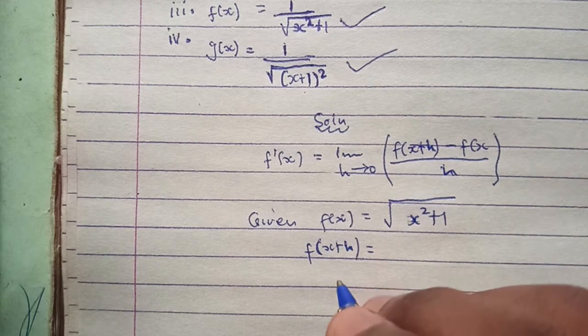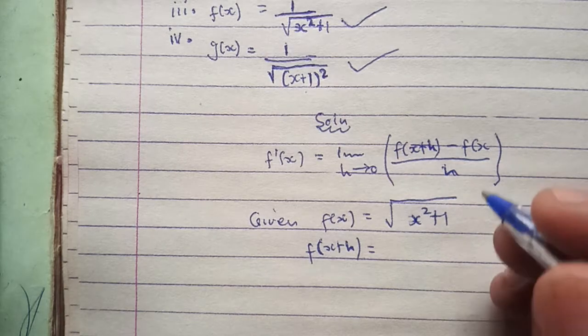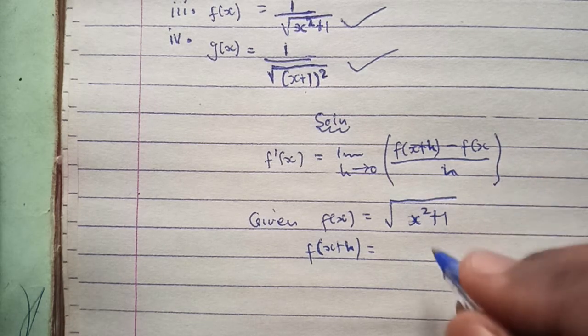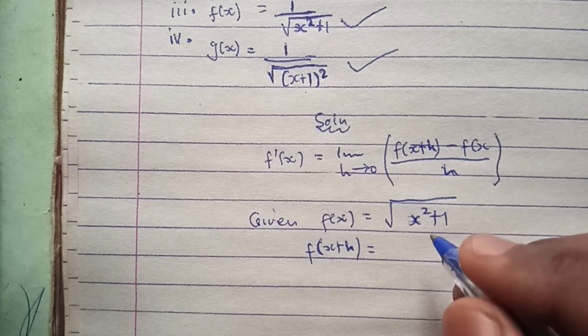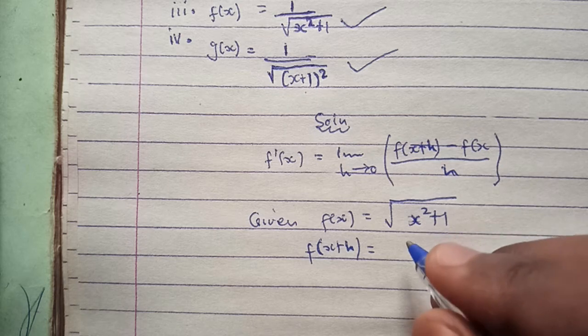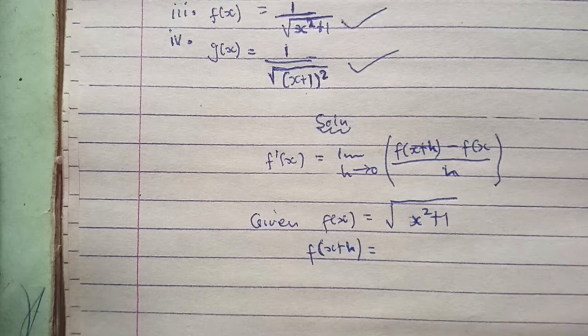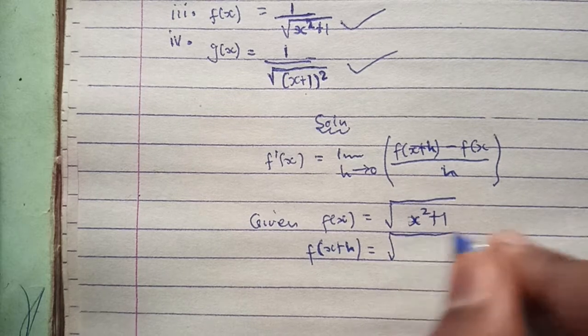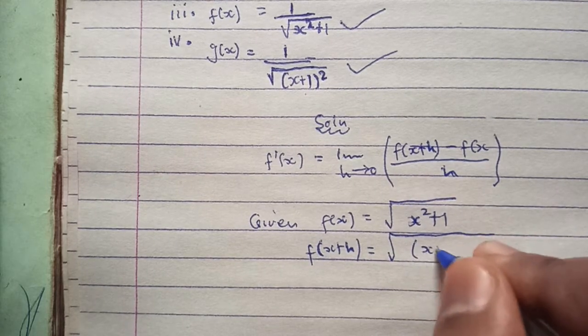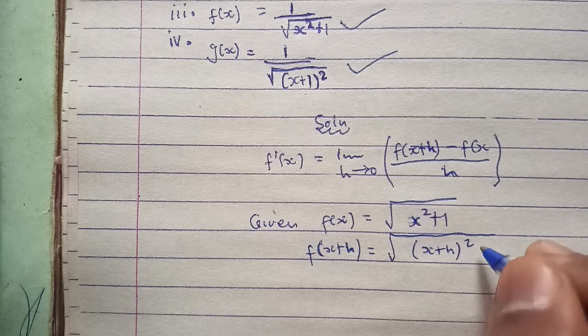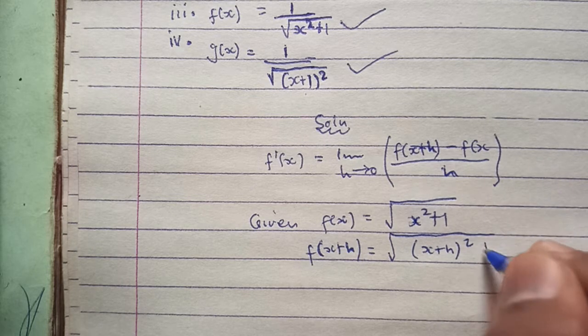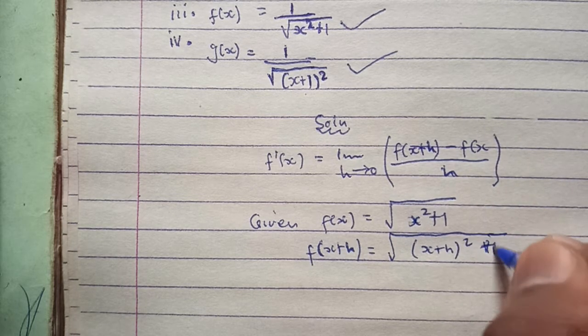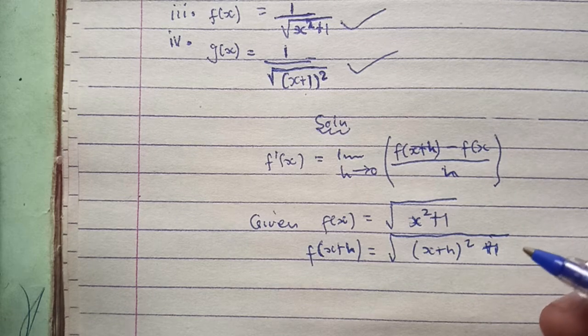So finding f of the expression x plus h, anywhere you see x, you put x plus h there. So you get square root of (x plus h) in bracket squared, that one is under the root, plus 1 also under the root. So have you seen that, guys?